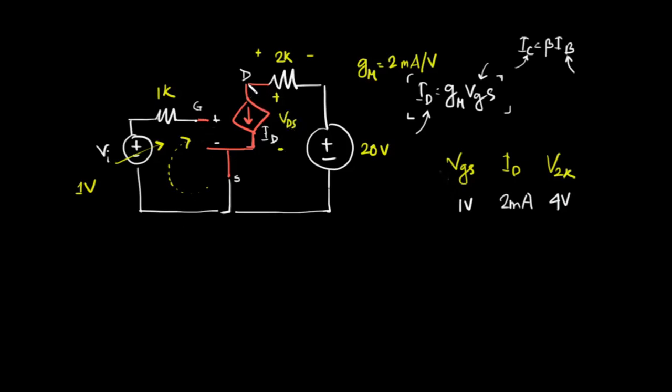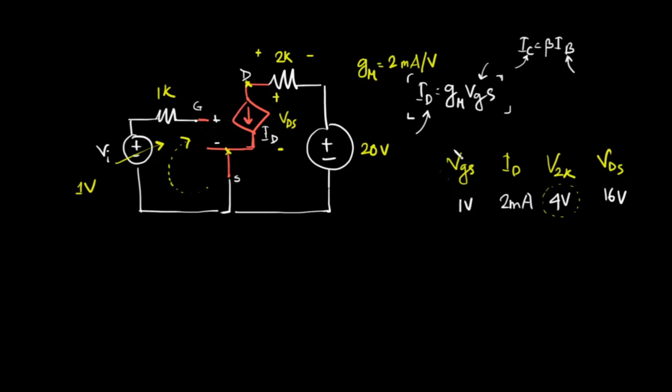The voltage between these two terminals, D and S. Well, if the supply is 20 volt and the resistance is consuming 4 volt, then VDS will be 20 minus 4 volt, which is 16 volt. Simple as that.